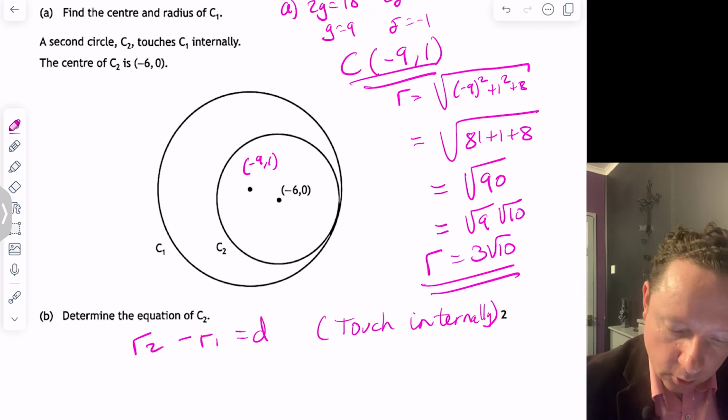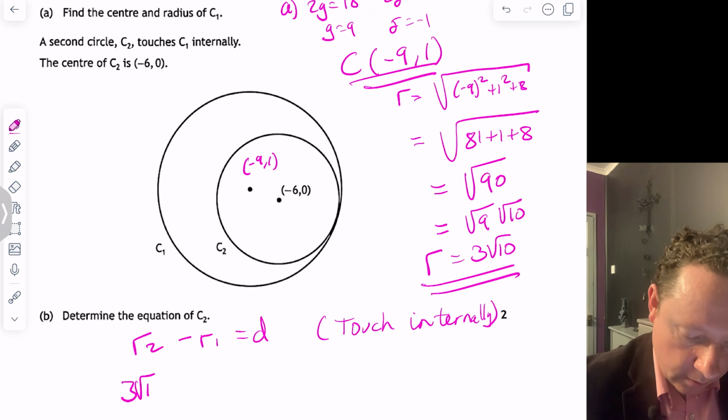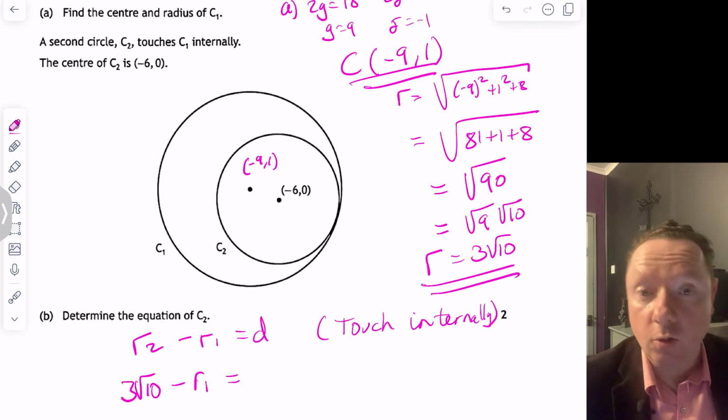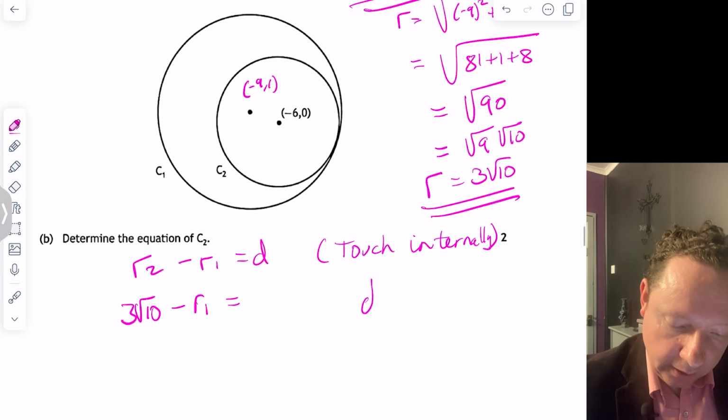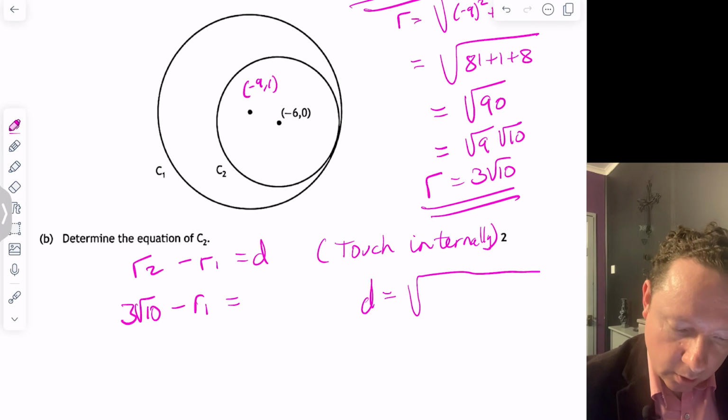So we already know R2, it's 3 root 10. We don't know R1, but do we know D? Well, we've got two coordinates. Distance formula, so D equals the square root. We've got minus 9 minus minus 6, or the difference between minus 9 and minus 6, and the difference between 1 and 0.